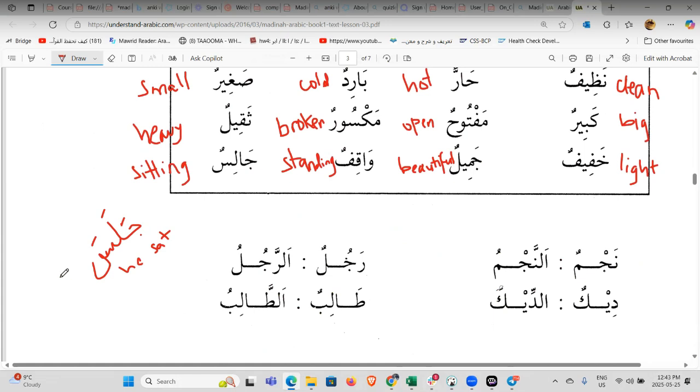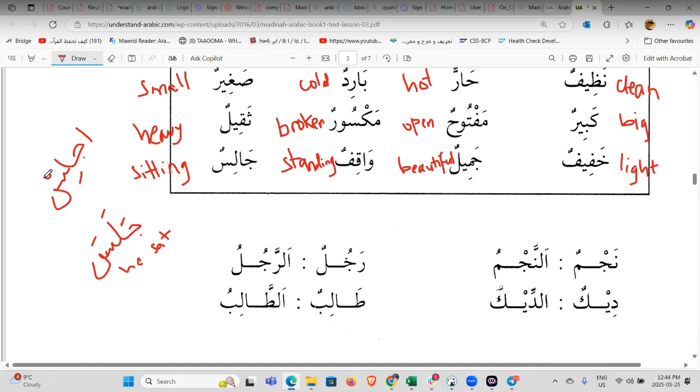So ijlis is the imperative form of yajlisu, meaning sit. You're giving a command to someone to sit. Just like iqra, a command to read.